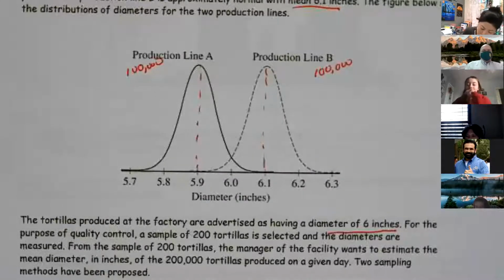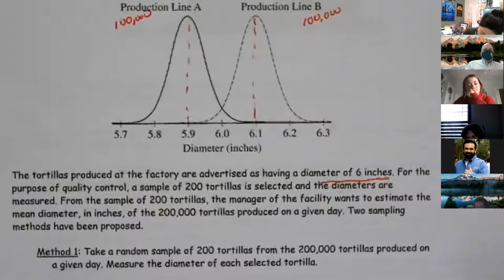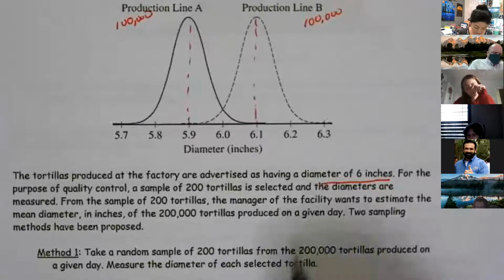2 sampling methods have been proposed. So here they are. Method 1. Take a random sample of 200 tortillas from the 200,000 produced on a given day. Measure the diameter of each selected tortilla. So we're going to take a random sample from all 200,000.